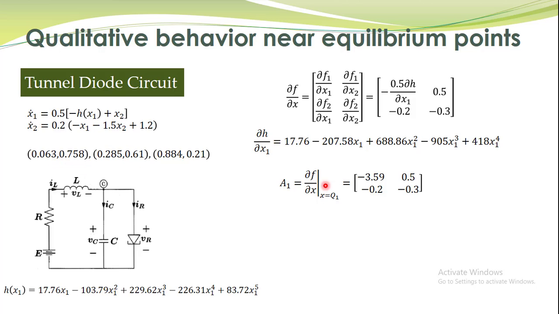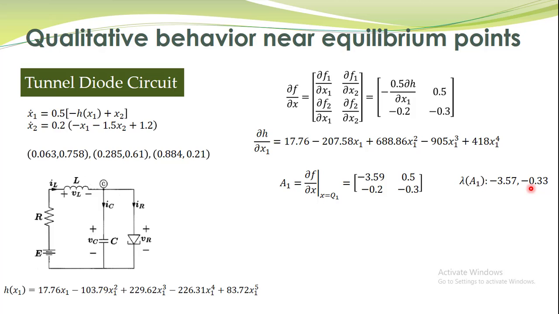You can easily find the eigenvalues of this matrix. They are equal to minus 3.57 and minus 0.33. So what is the qualitative behavior of this system near this equilibrium point?